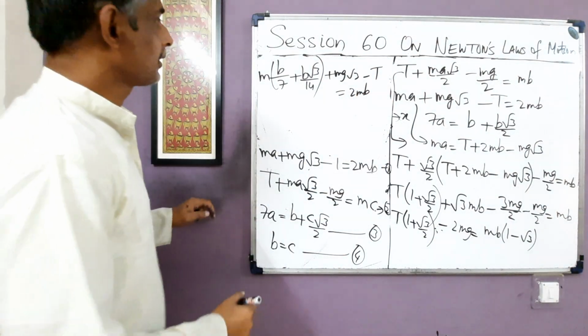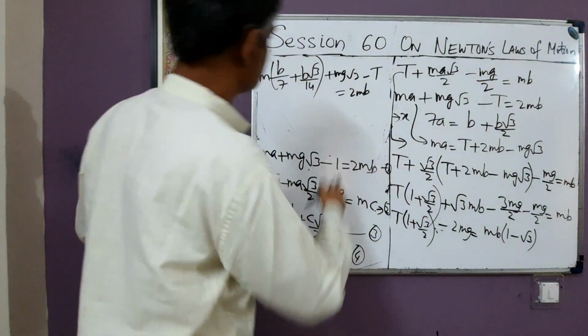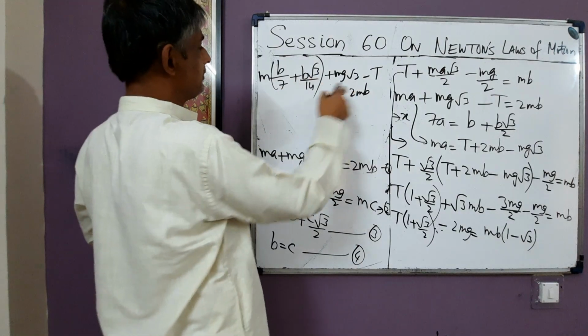Alright, fine. So now we can eliminate B from these two equations. See, I take B that side, okay?